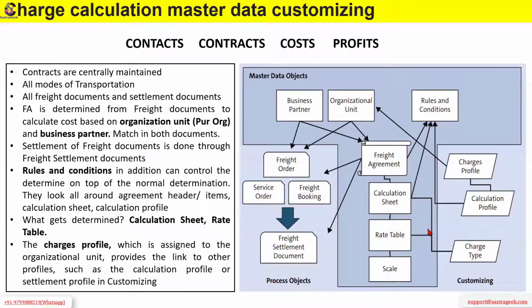Now, if you look at the diagram on the right-hand side, it will give one perspective. The way to understand this diagram is that we deal with these process objects in our transportation management. We have the freight order, which we process for road or rail, or we have freight booking for ocean or air. Then we have service orders created if we take any services in this business process, and then we have a freight settlement.